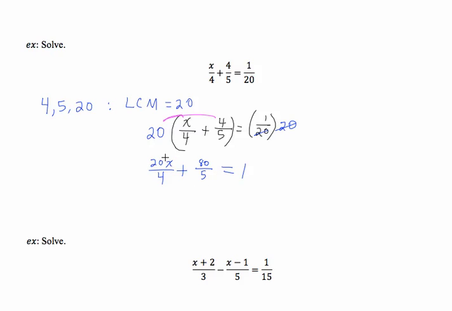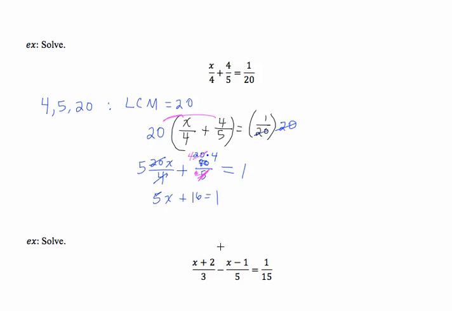And 20 over 4 is, in fact, 5. And 80 divided by 5, well, actually, if I hadn't multiplied that together, it would be a little easier to do. So I'm going to unmultiply that. It was really 20 times 4. Okay, and 20 divided by 5 is 4. So that goes away. So we have plus 16. So we have 5x plus 16 equals 1.